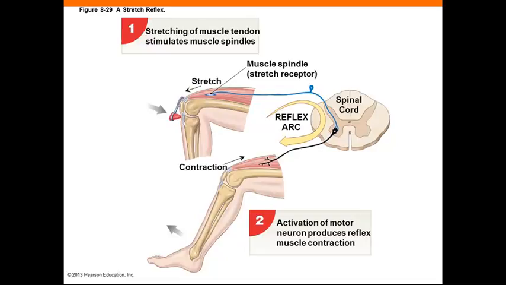That sensory neuron, which has been stimulated, will synapse on the motor neurons in the spinal cord, and those are going to produce an immediate muscle contraction in the rectus femoris. And that leads to the foot kicking straight out.